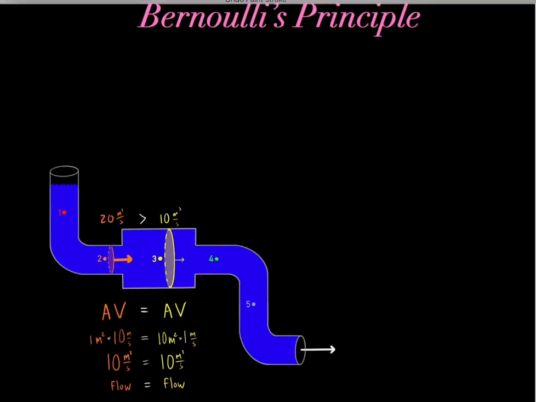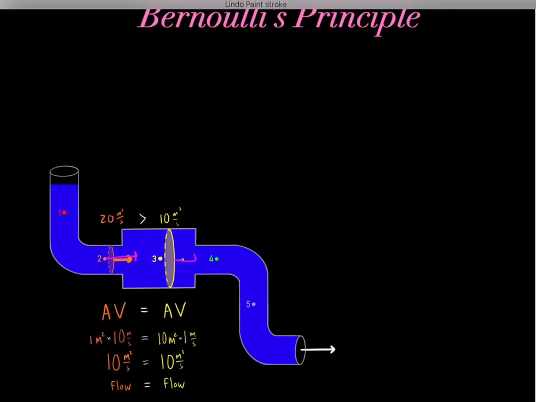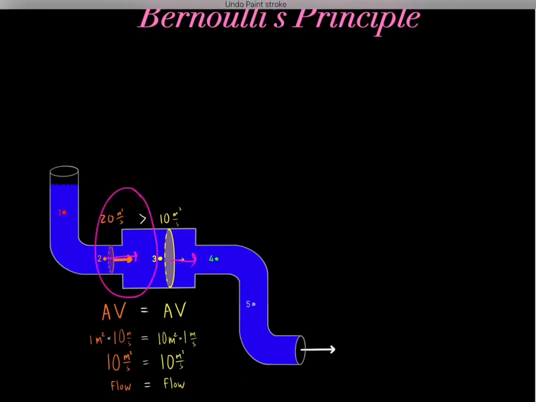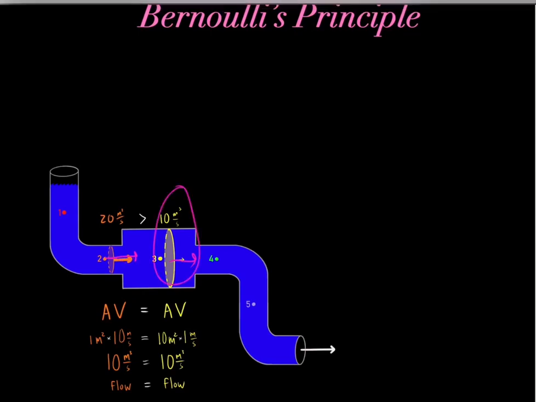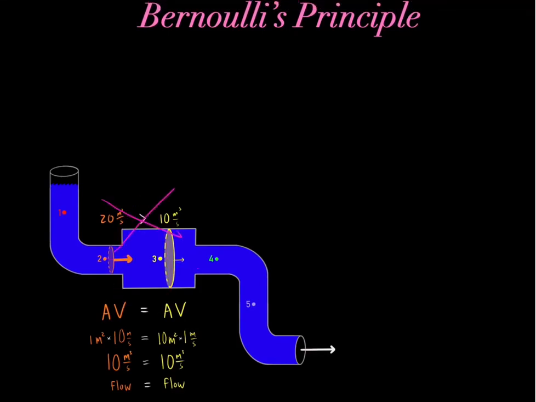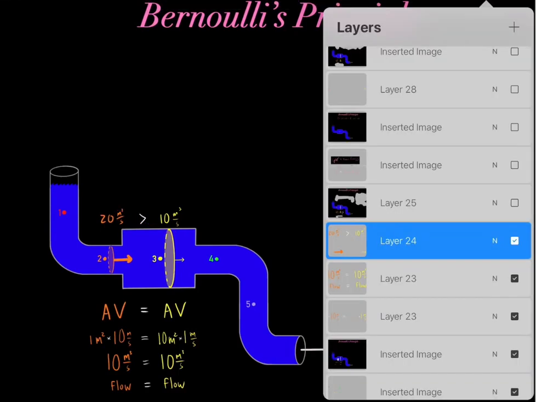Well, this wouldn't make sense, because if 20 meters cubed per second was going through this region, but only 10 meters cubed was going through this region, then we would have water accumulating in this region, and this region would explode, because more water is flowing in than is flowing out. That doesn't make sense.